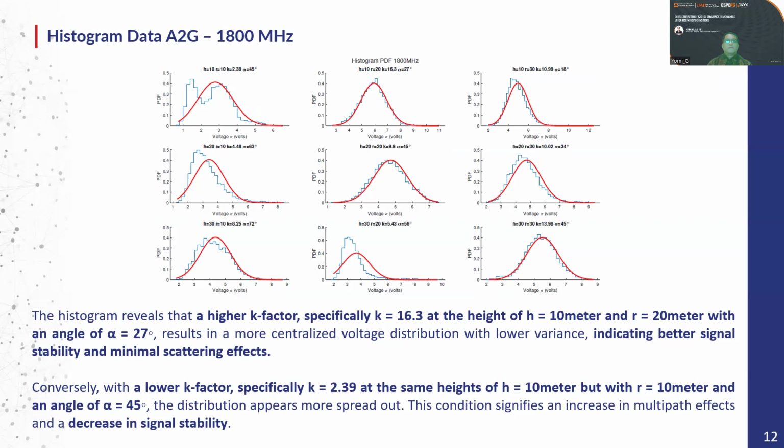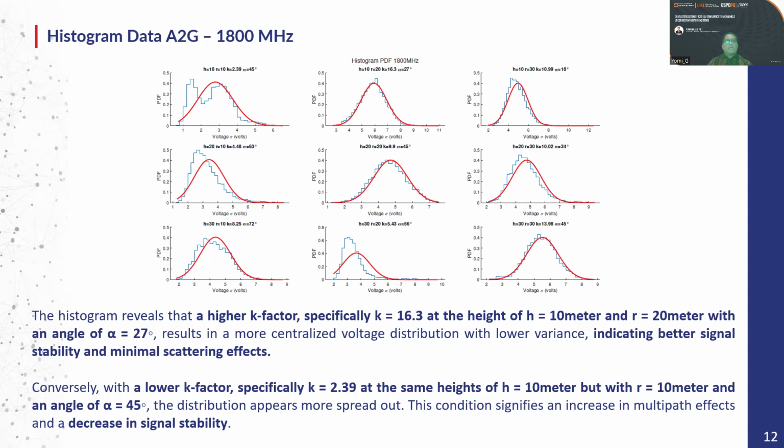As we can observe, a higher K-factor value, K equals 16.3 at a height of 10 meter and distance of 20 meter with an angle of 27 degree, results in a more centralized voltage distribution with lower variance. This indicates that the signal stability is enhanced, and scattering effects are minimal.